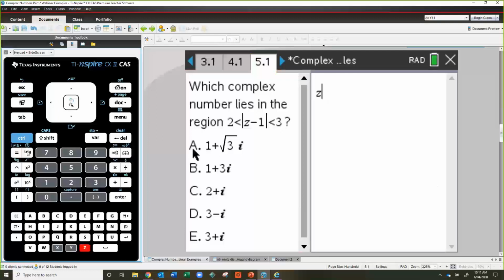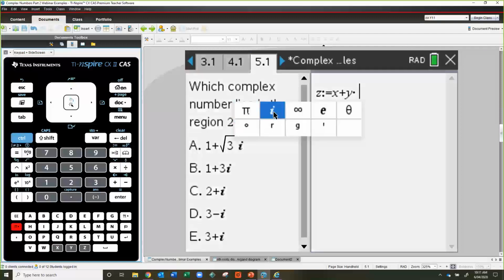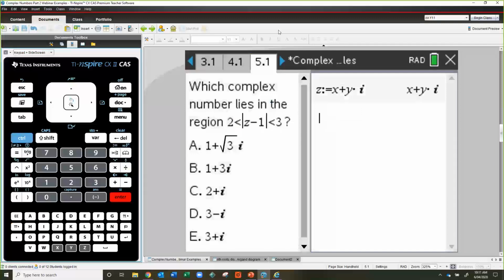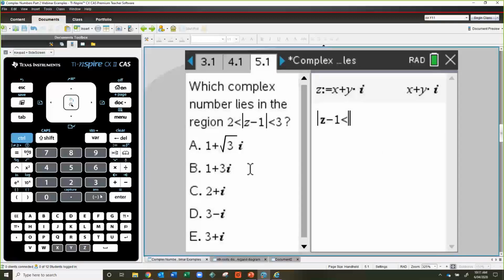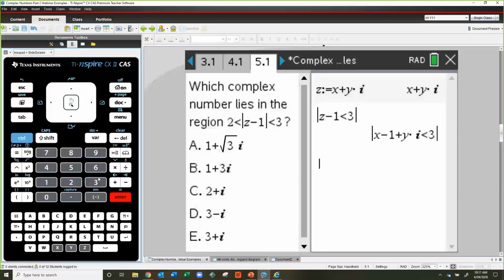So what we'll do, we'll again assign z as x plus y times I. I need to do it in each new problem because I'm using a new problem for each question. So now I can find modulus z minus 1, and I say I want that to be less than 3. And then I square both sides.